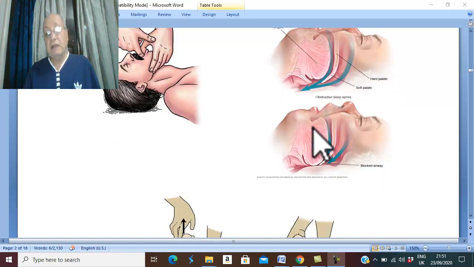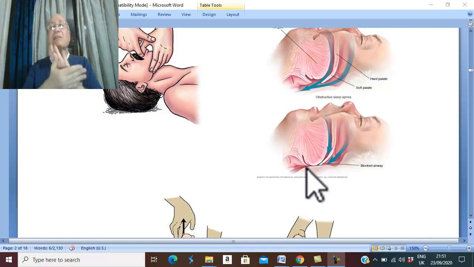If the tongue falls backward and the posterior one third of the tongue comes in contact with the posterior wall of the pharynx, this leads to complete respiratory obstruction. Therefore, we should pull the tongue forward. How to pull the tongue forward?